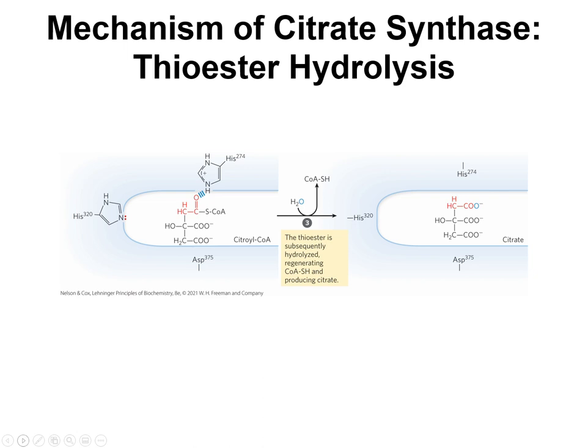So we've got water coming in, and it hydrolyzes the bond here. So you have water attacking that carbonyl carbon, and the result is forming a carboxylate here. And what's released is citrate.